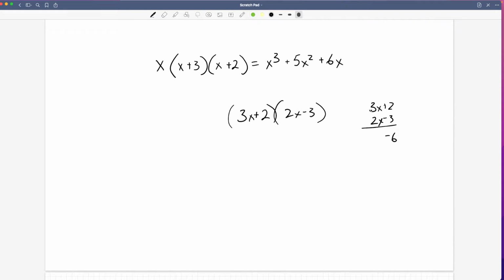Negative 3 times 3x is a negative 9x. Positive 2 times 2x is going to be a positive 4x, and 2x times 3x is going to be a 6x squared. So that gives us a negative 6, a negative 5x, and a 6x squared. So now we know what this equals. This equals 6x squared minus 5x minus 6.